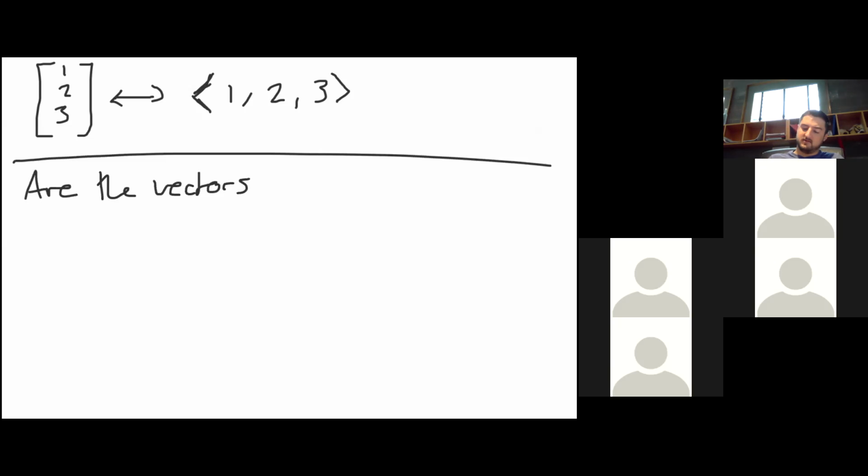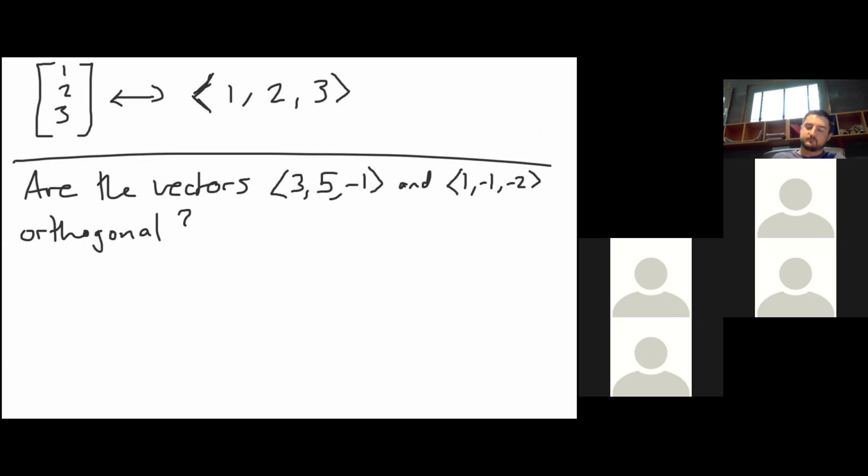The question that I want to ask you is, are the vectors 3, 5, -1, and 1, -1, -2 orthogonal? It's the same type of question.